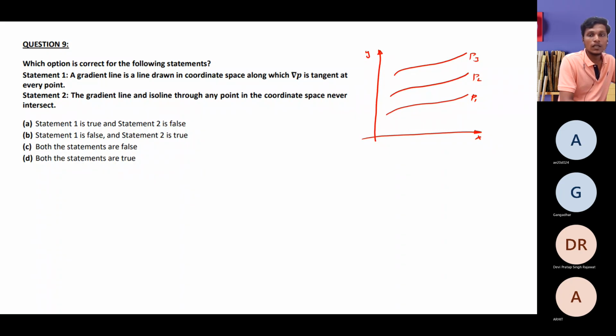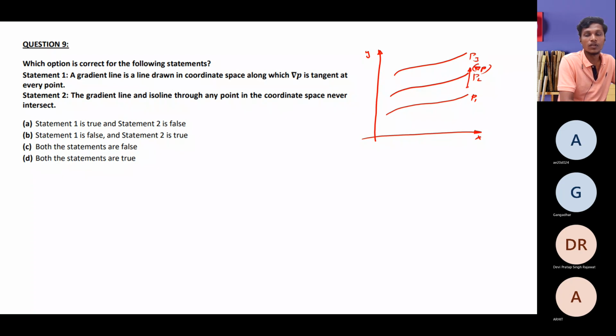Now consider a vector. It's a scalar field. If you want to understand in which direction any scalar field is increasing most rapidly, you need to find its gradient. That's what the gradient means. Del P, del of P, will give you the maximum rate of change of this scalar field.